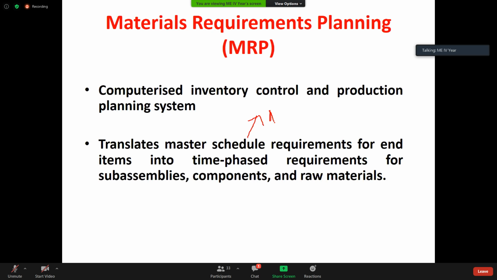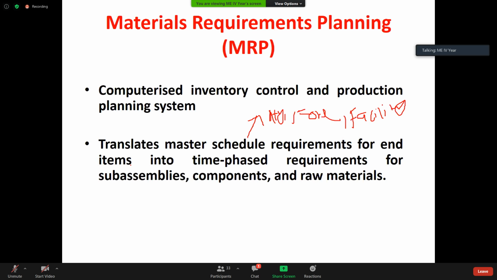One is quantity from the customer and one is forecasted data. And your facilities, what facilities you have inside the factory. All those things come under master schedule requirements.